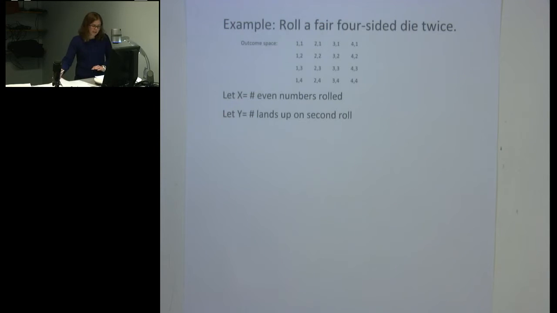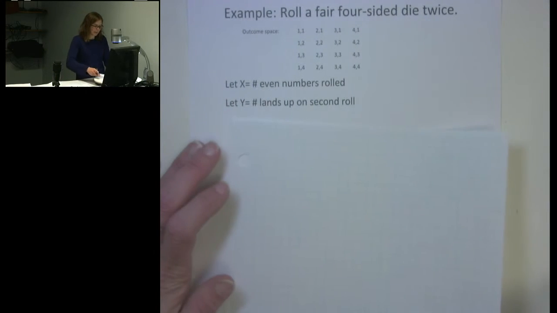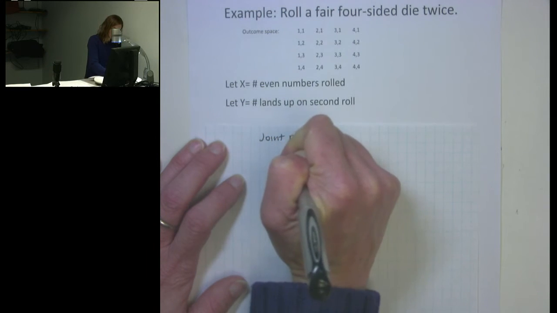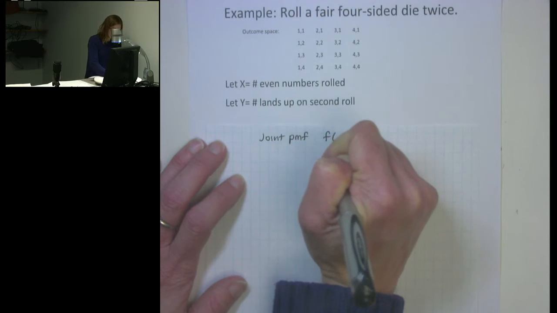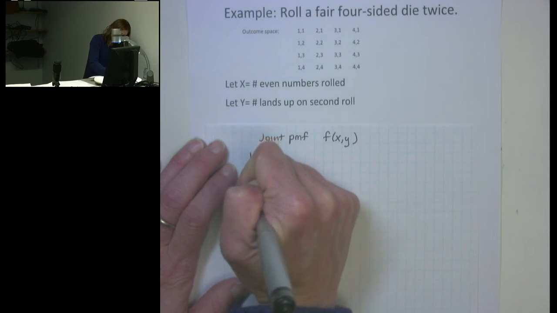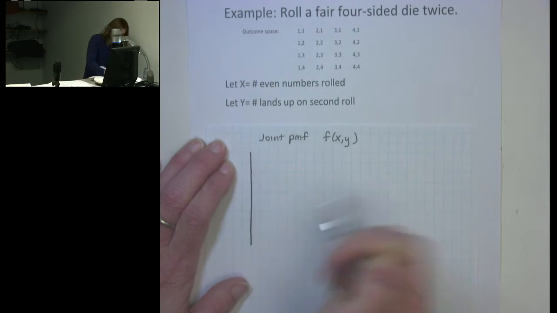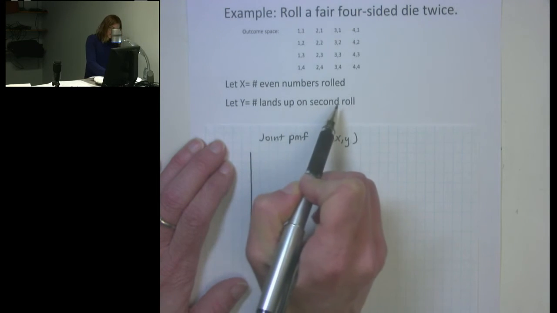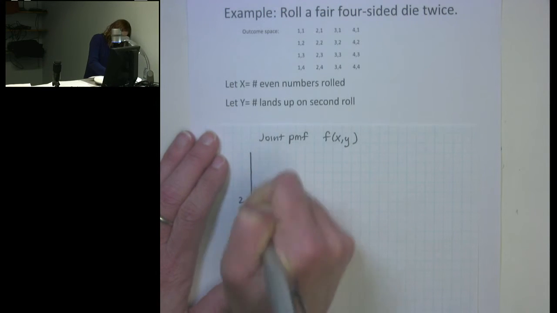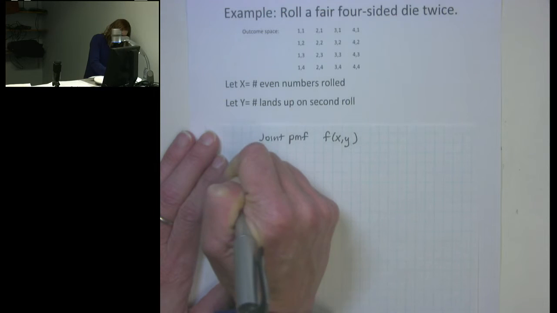Okay, so let's see. First I'm going to start by looking at the joint probability mass function. So this is going to give us our little f of X and Y. Y is the number that lands up on the second roll, so this is going to take on values, it could be 1, 2, 3, or 4.